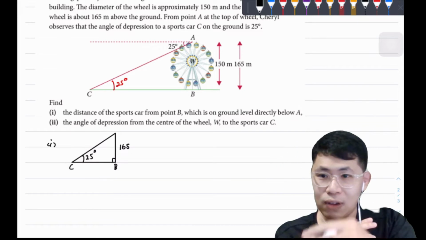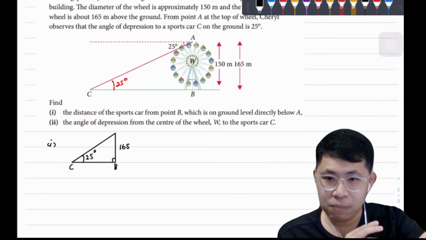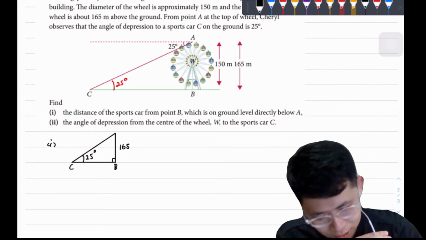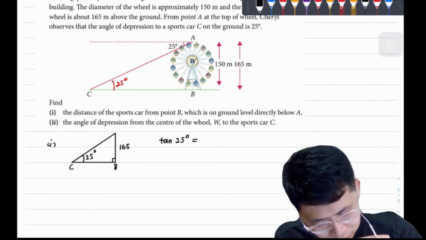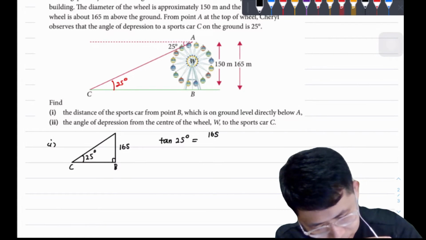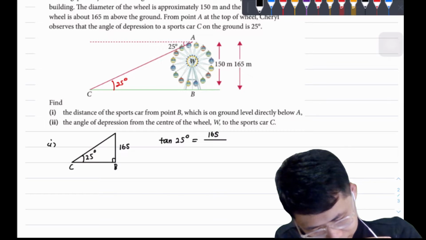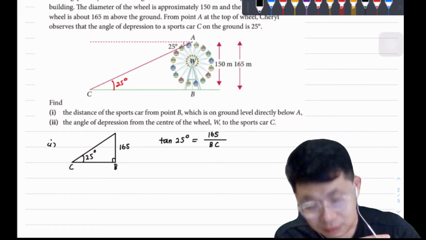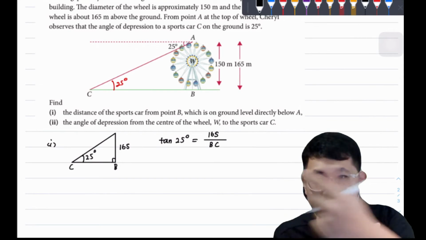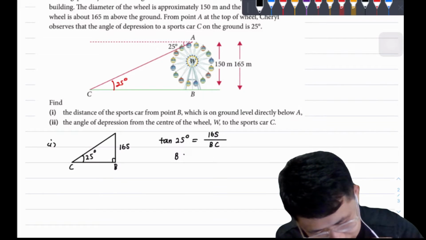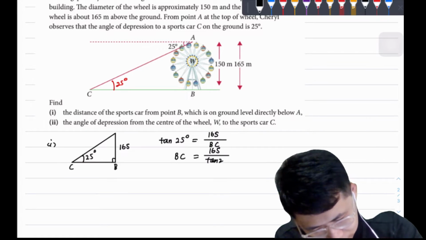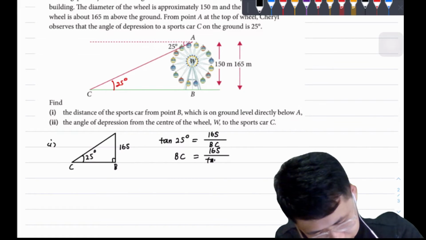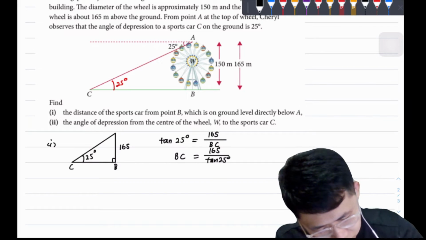25 degrees, opposite is 165, BC is adjacent, so tangent of 25. Tangent 25 is going to be opposite over adjacent, BC. So multiply BC up, divide by tangent 25. I'm going to get BC equals 165 divided by tangent 25.